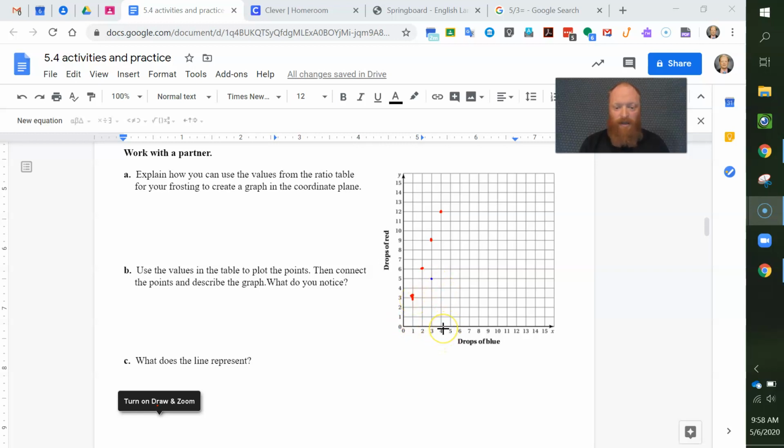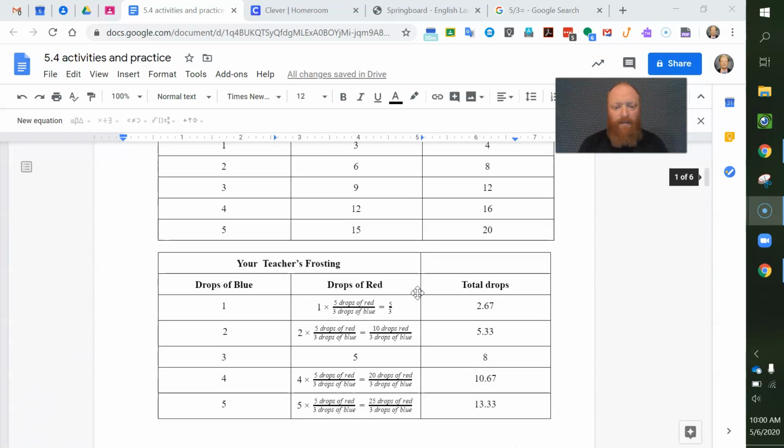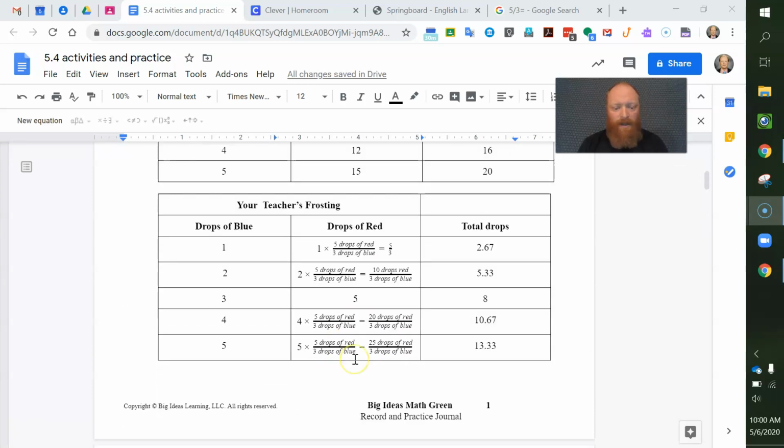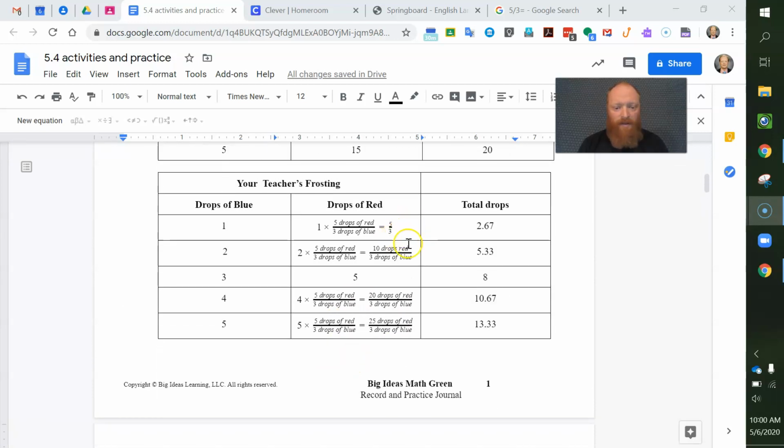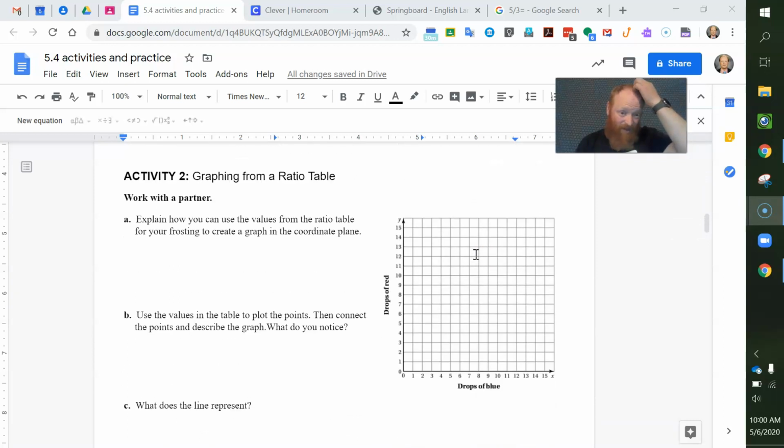And so then we had, I wish I could scroll up. Let me pause this again. Okay, my drawings went away. I hate this silly thing. 3, 6, 9. Okay, so 5/3, and then we had 2.67, 5.33 total drops.